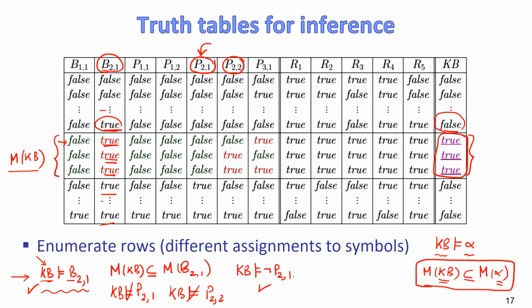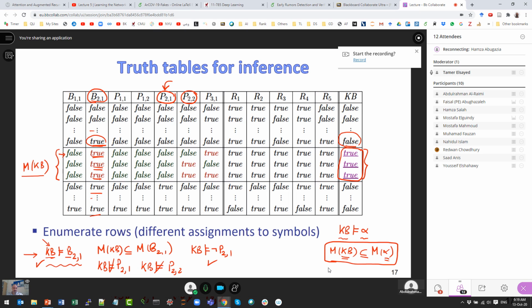We cannot entail P21, but we can entail not P21. Okay? Is that clear to everyone? Any questions about that? Okay, very good.